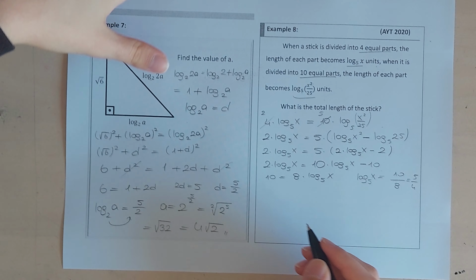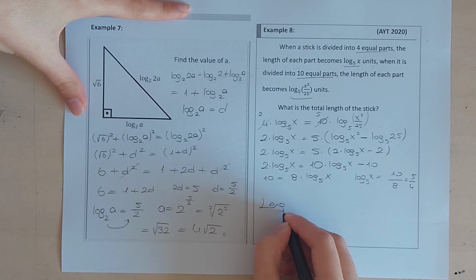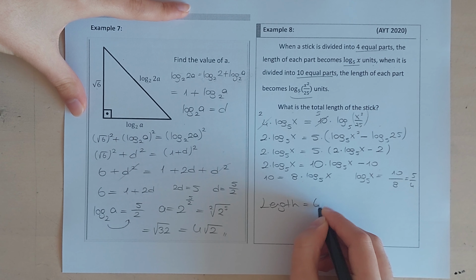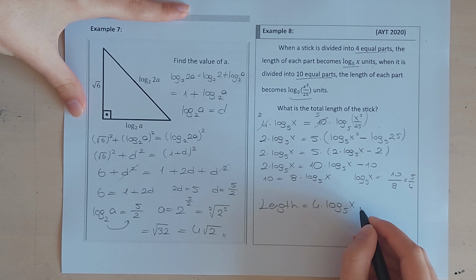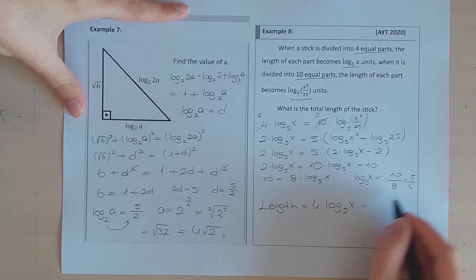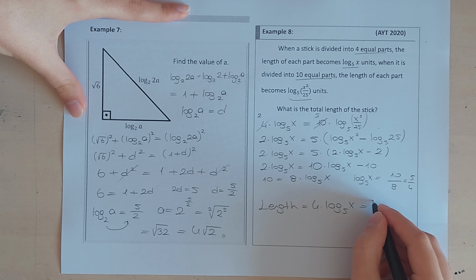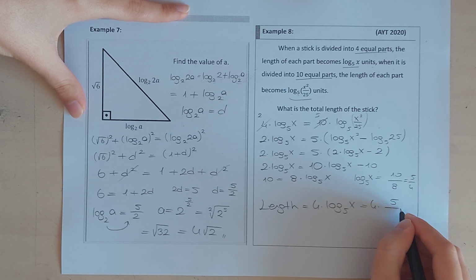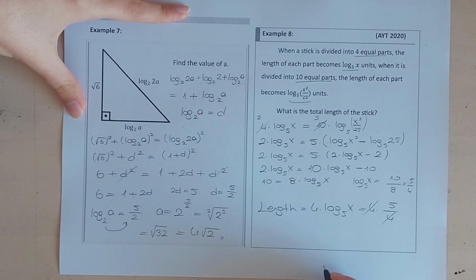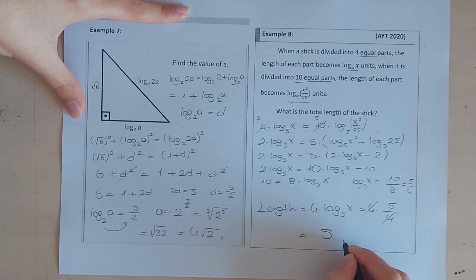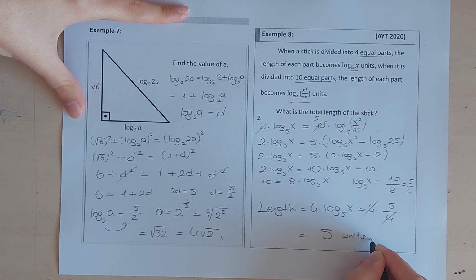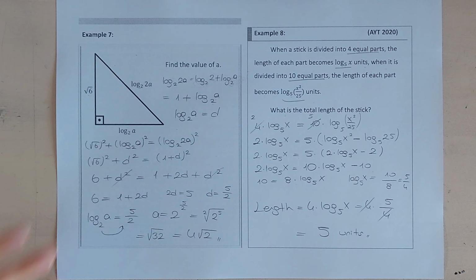That's why, since the total length is equal to 4 times logarithm of x to the base of 5, we have found logarithm of x to the base of 5 as 5 over 4. That will become 4 times 5 over 4, and the 4's will just cancel each other, and length is 5 units. And this is the end of our video, end of part 4.